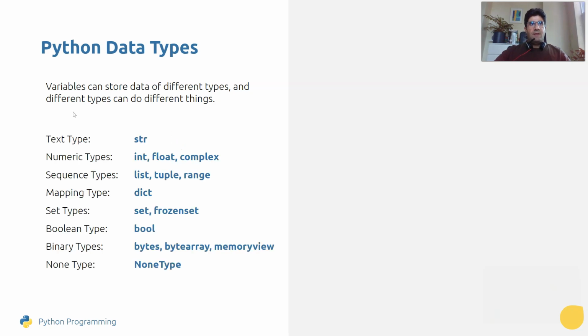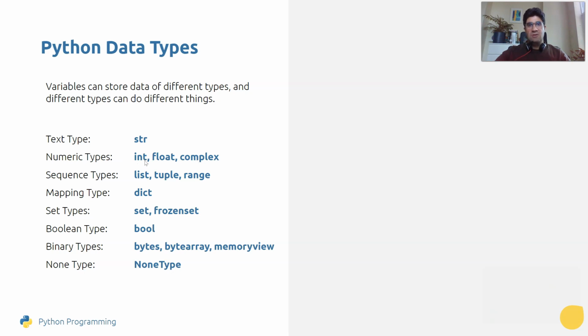If I want to summarize the data types in Python, we can look at them in this way. For textual data, we have the string. String is a formal data type, and the data type is str. For numerical data, we have integer, float, and complex.